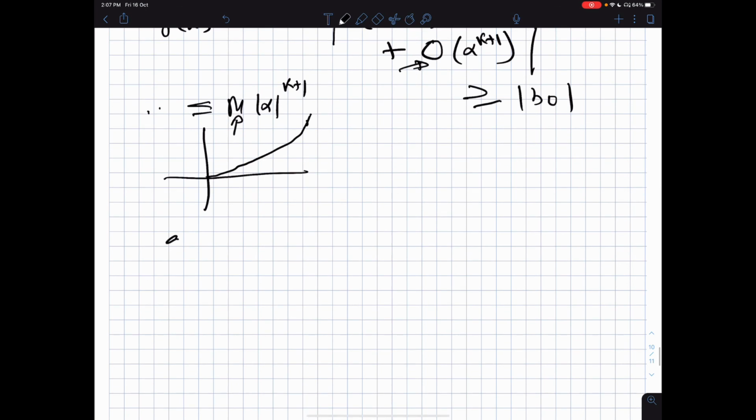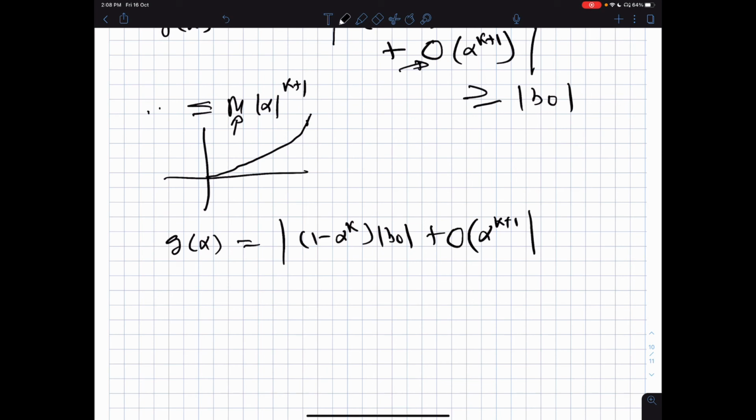So g of alpha now becomes 1 minus alpha to the power of k times mod of b naught plus this order k plus 1 term, and this is always greater than or equal to mod of b naught.